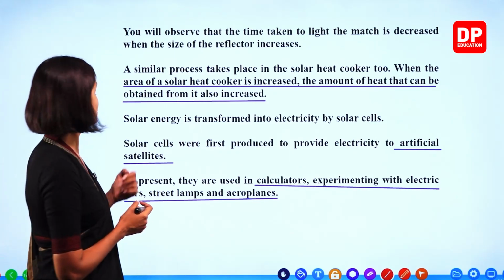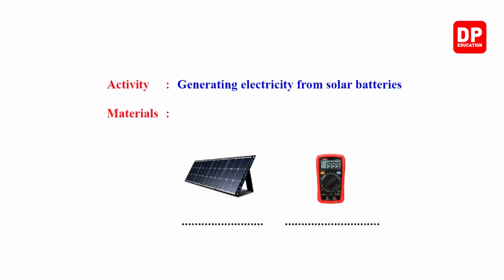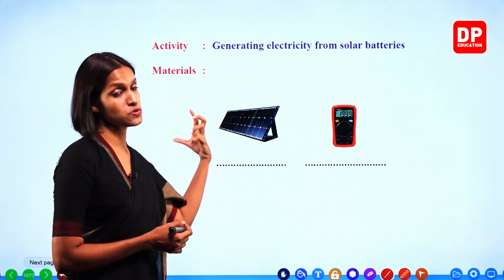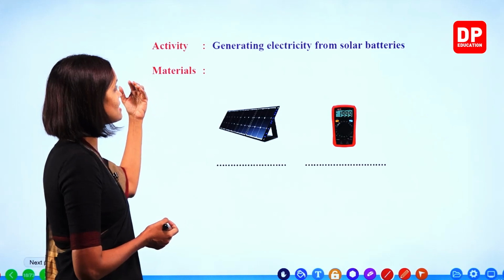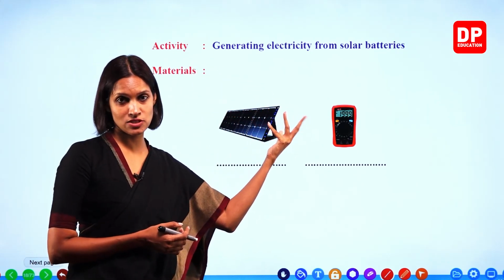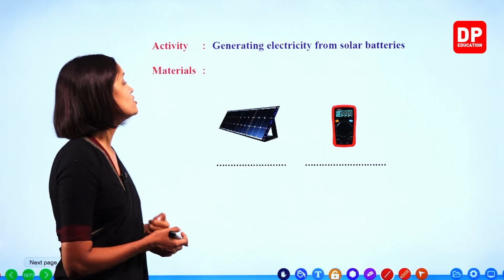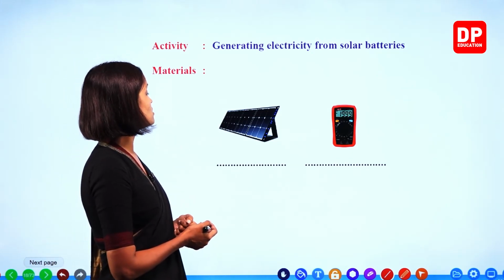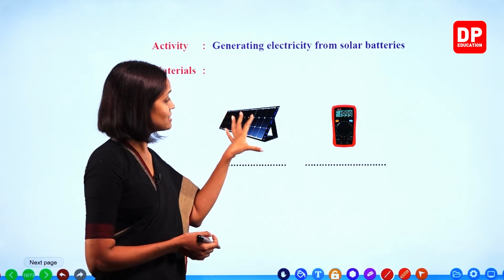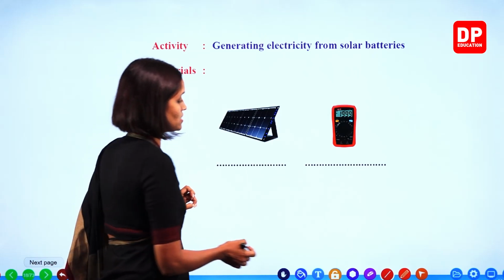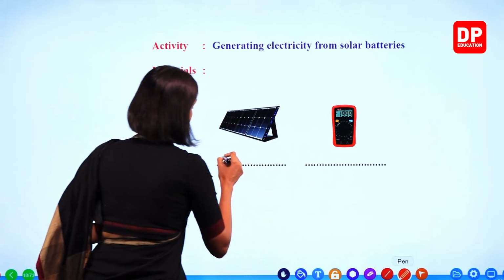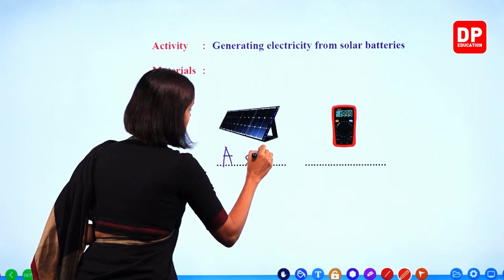Right, children? Okay. So we have this other activity in order to study how a solar cell or solar panel works: generating electricity from solar batteries. Solar battery means solar panel. So in order to do this activity, you need a solar battery and a multimeter.